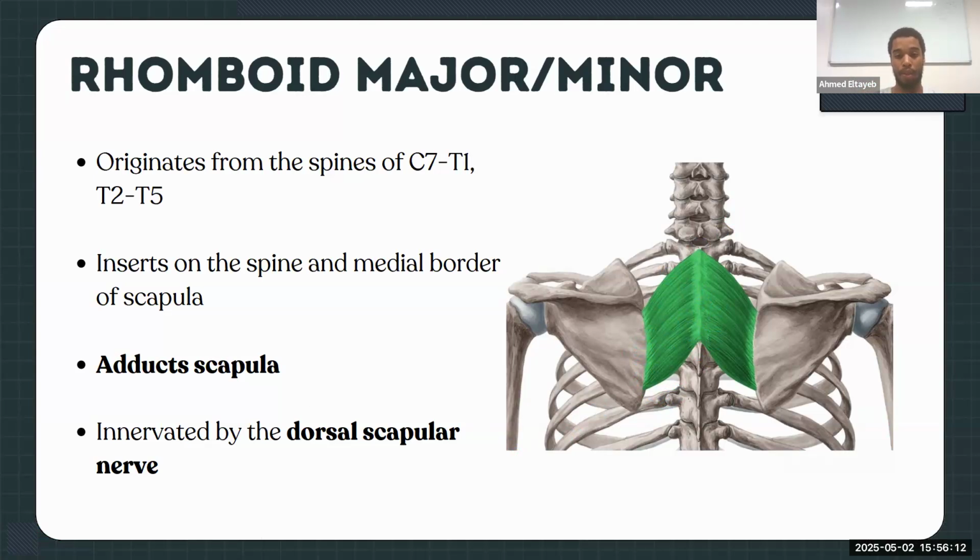And they both insert themselves on the spine and the medial border of the scapula. So you'd imagine when they contract, because of their attachment, they bring the scapula in towards the midline. They adduct the scapula. And they're innervated, as I said before, by the dorsal scapular nerve. So the levator scapula and the rhomboid major and minor are innervated by the dorsal scapular nerve.